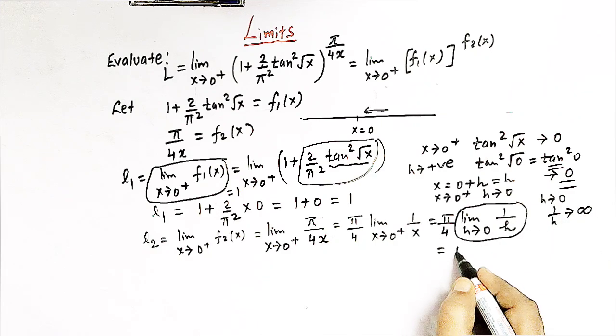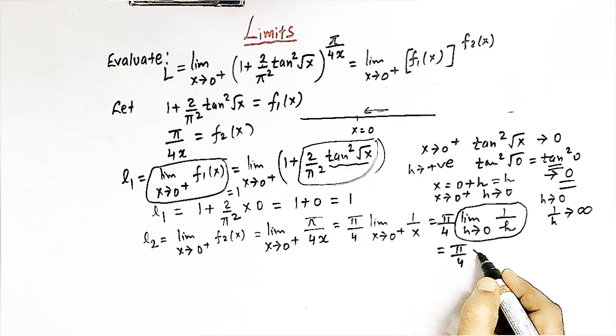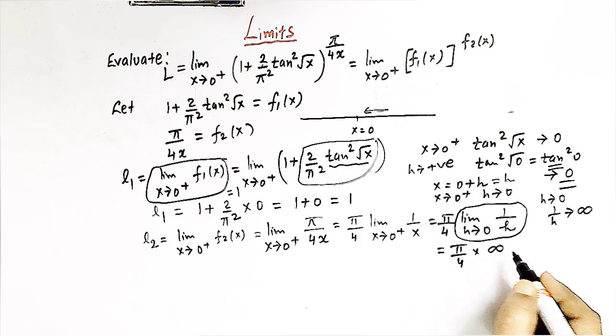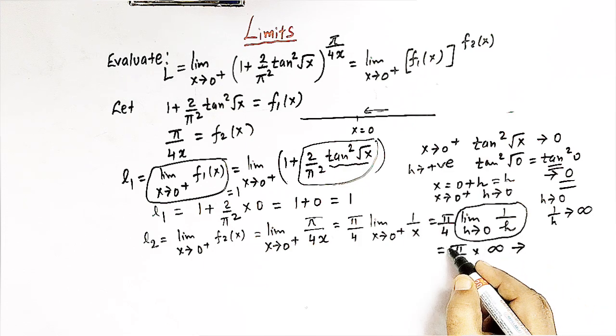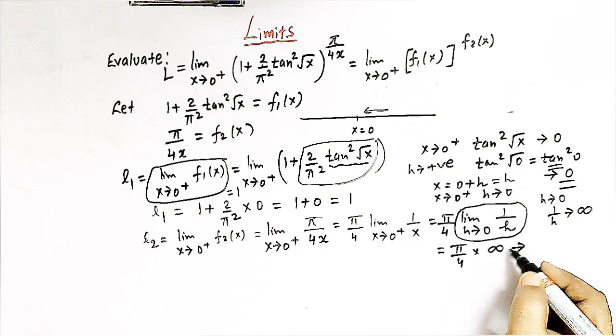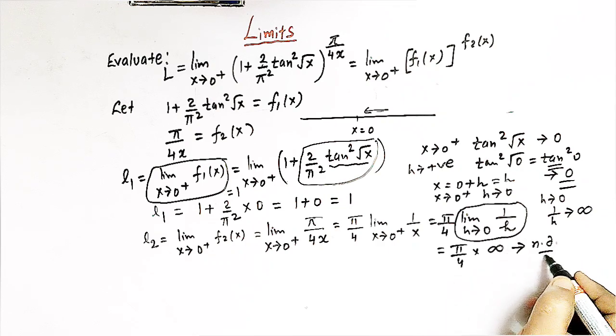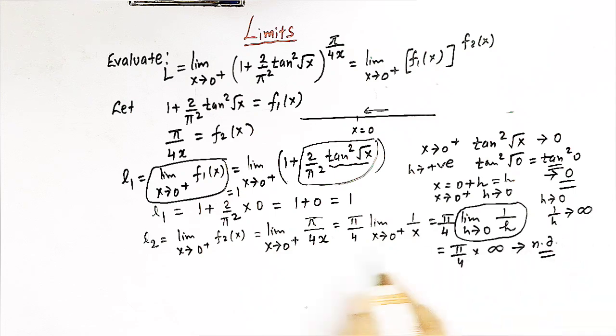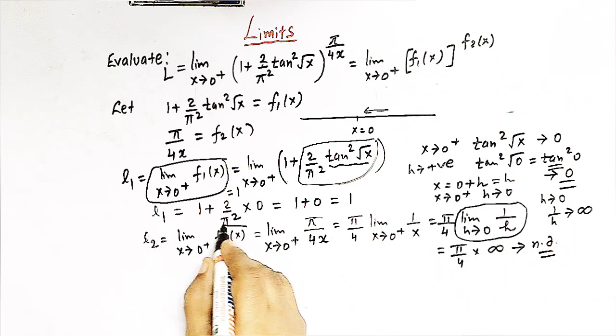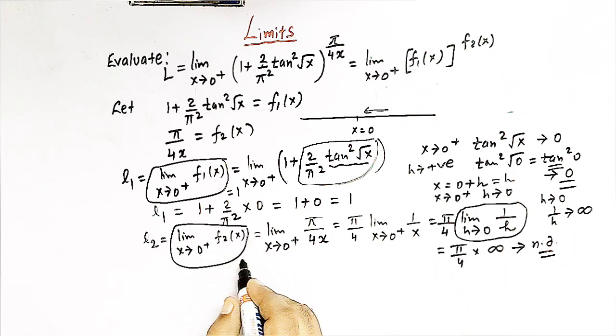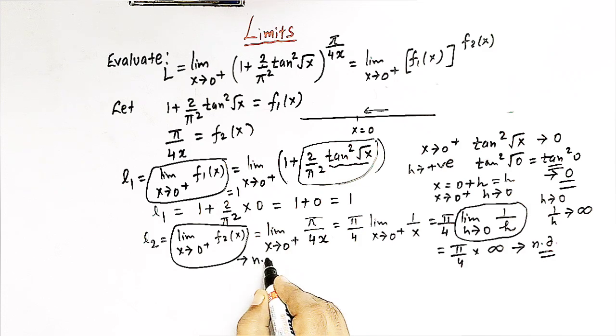So we have π/4 times infinity, and this term is not defined. So we have seen that the value of this limit is not defined.